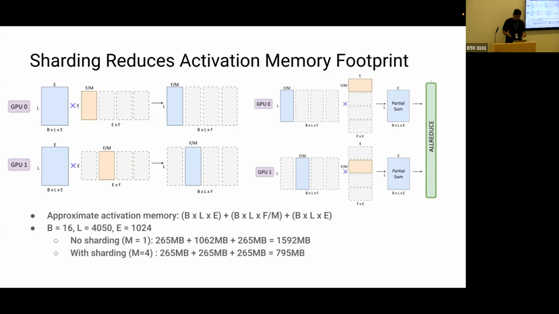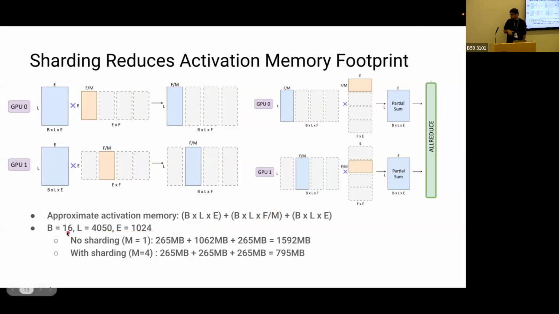Now, what to expect once you tensor parallelize: sharding will reduce your activation memory footprint. Like I said, only a small partition of these activations now lives on each GPU. If I just count the memory that I need, I would need to store this activation and the final result.